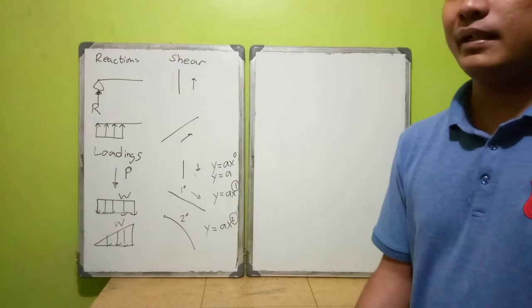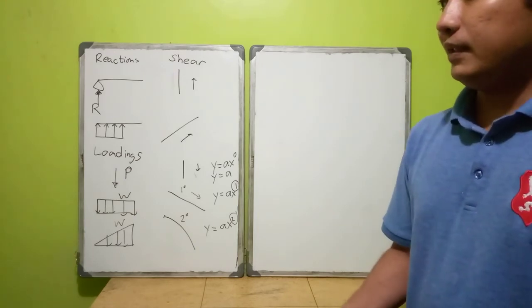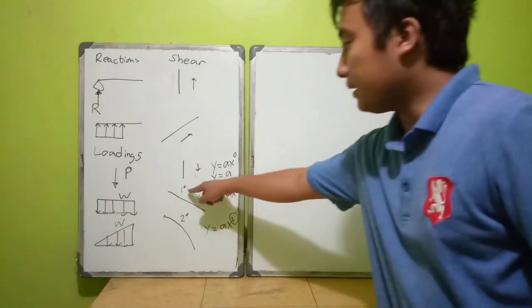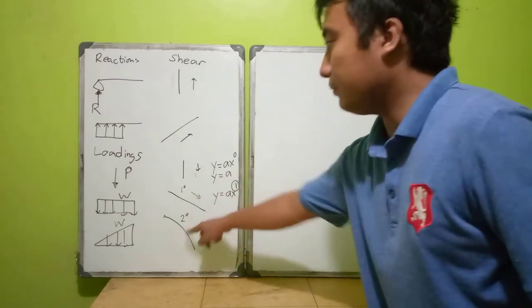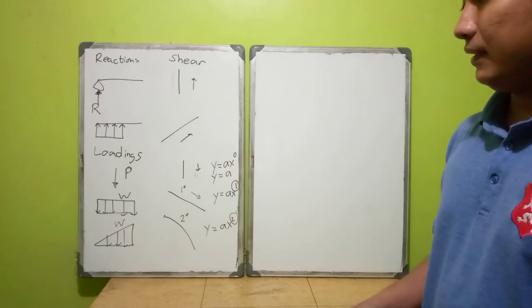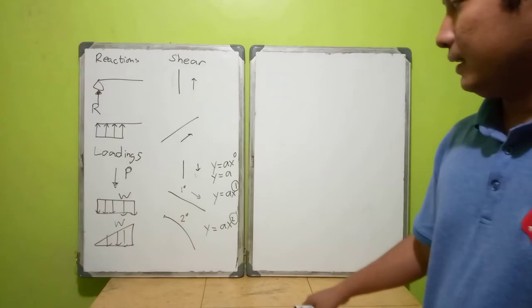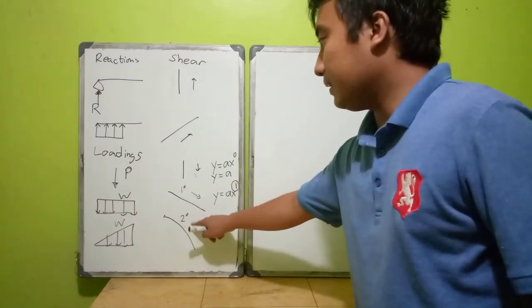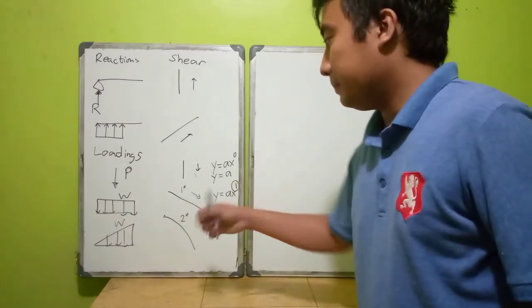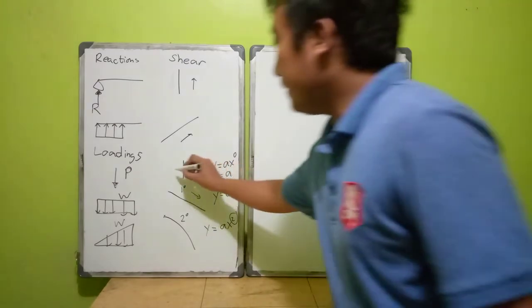in algebra, in higher mathematics, but in our lesson, this is a 1-degree curve and this is a 2-degree curve, and this is 0 degrees.